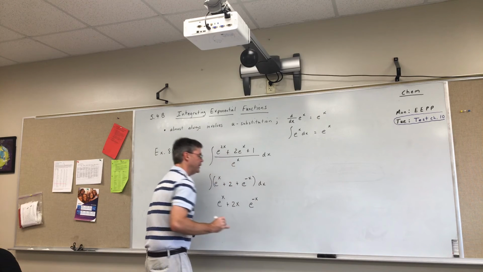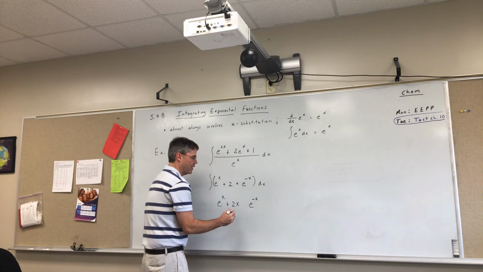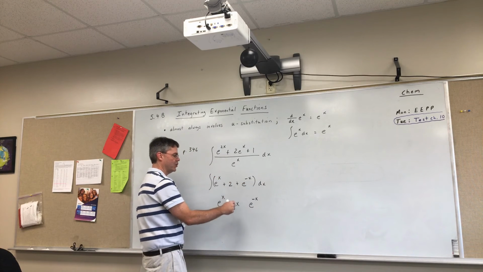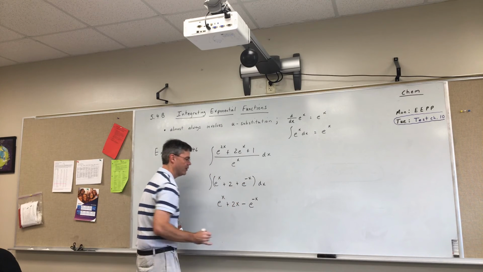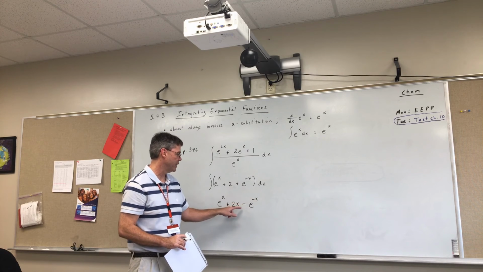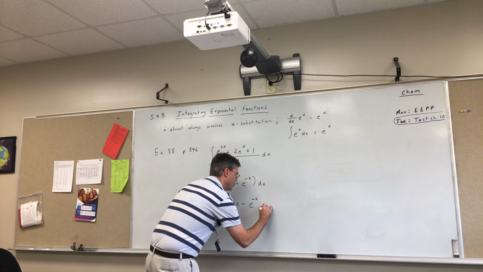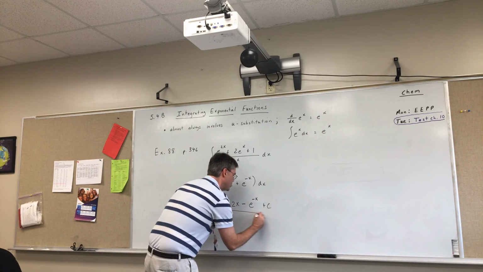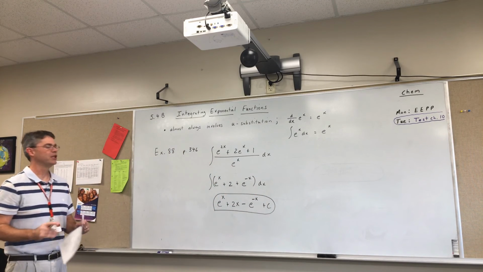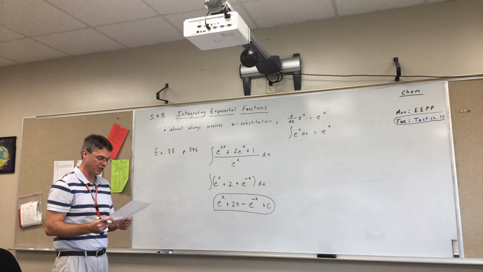We know it's going to be e to the minus x, but in order to get back to this, when I take the derivative, I'm going to need a minus out front here. Because this would be e to the minus x times negative 1. So minus minus would make a plus. So then plus c. The purpose of this example was to get you to rewrite it so that you don't even have to use a u substitution.